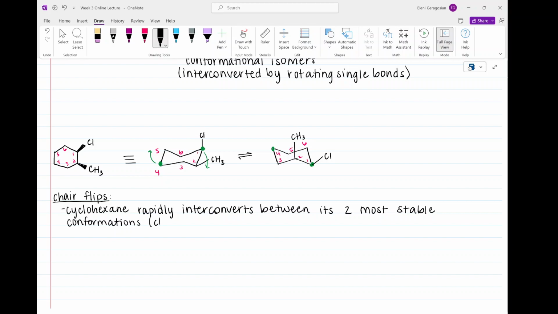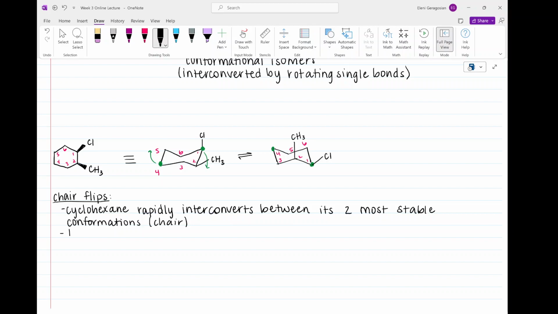And both of these are chair conformations. Remember, we also talked about boat. The chair conformations are more stable than boat. So that's observed. We observe that cyclohexane rapidly interconverts between the two most stable conformations.